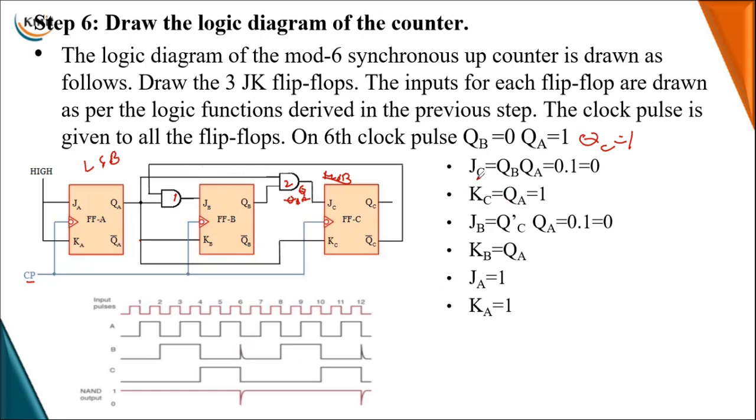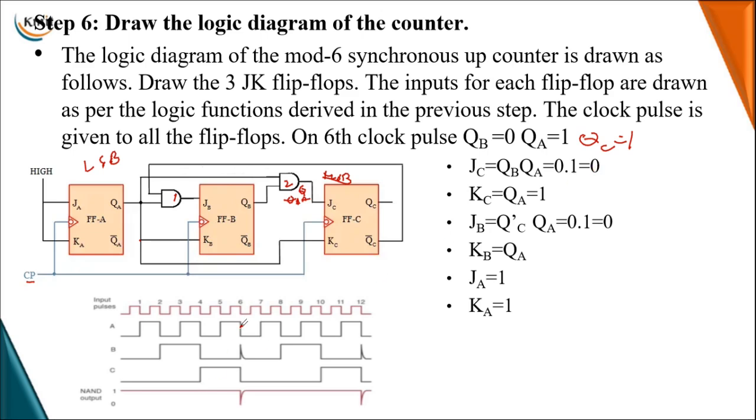Now let me verify what JC will be. The JC input of the third flip-flop depends on the previous states of QB and QA. QB is 0, QA is 1, so 0 AND 1 is 0. KC is equal to QA, and QA is logic 1 before the sixth clock pulse, so KC is 1 and JC is 0.